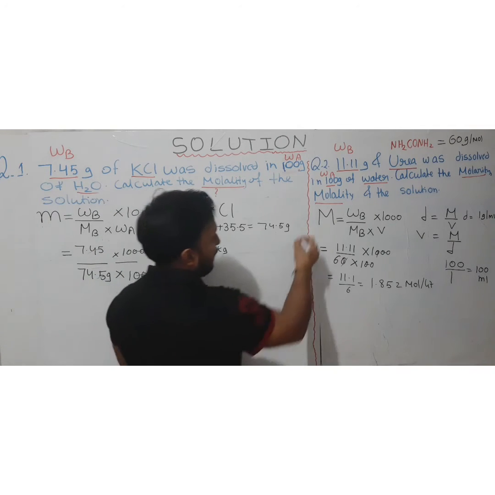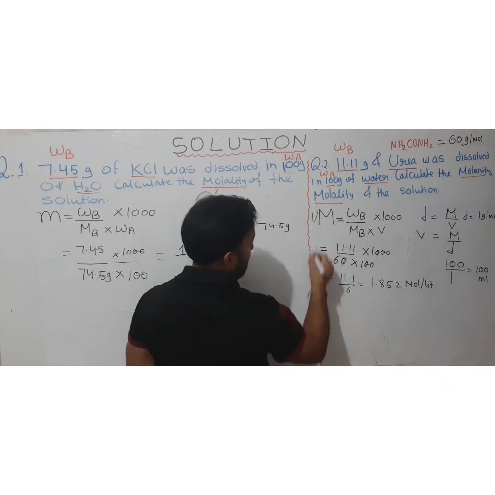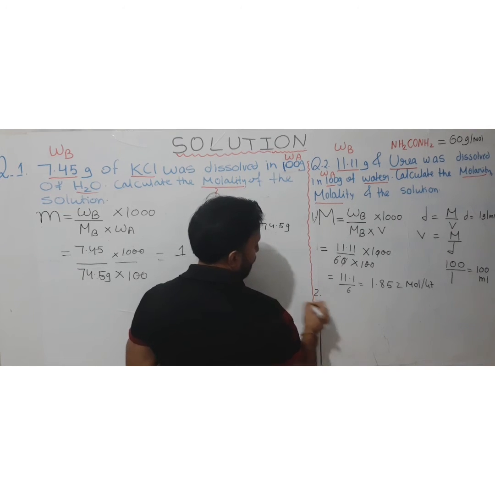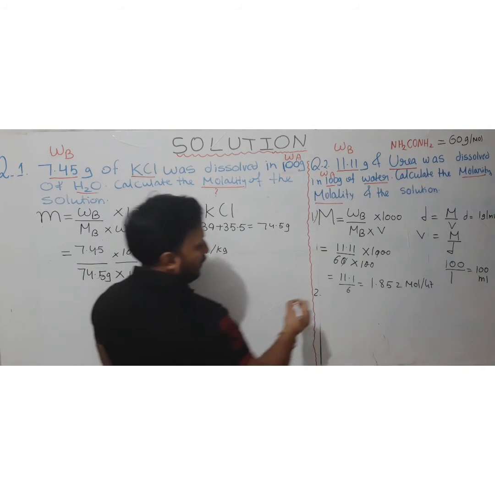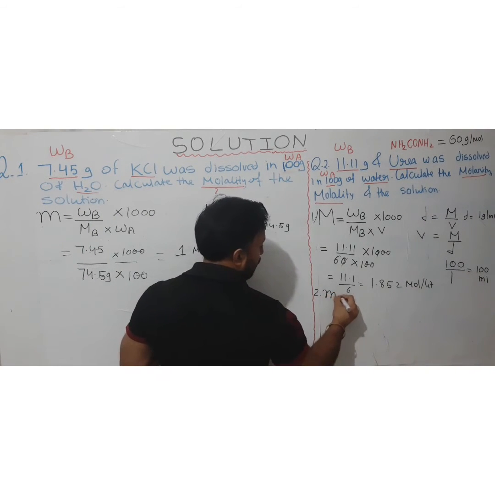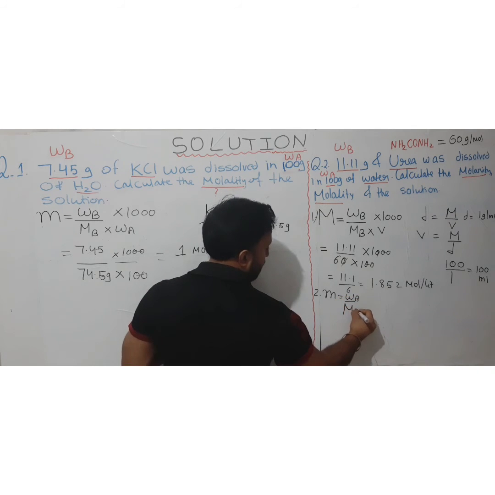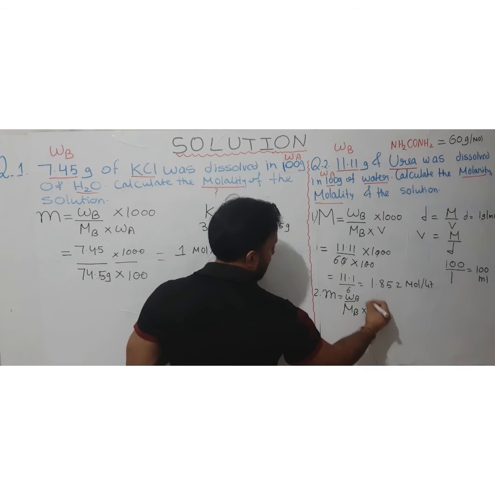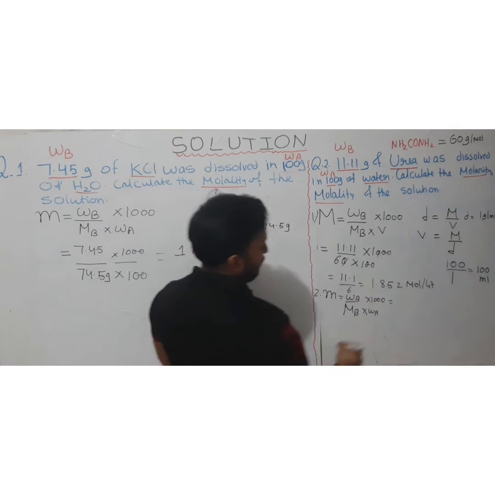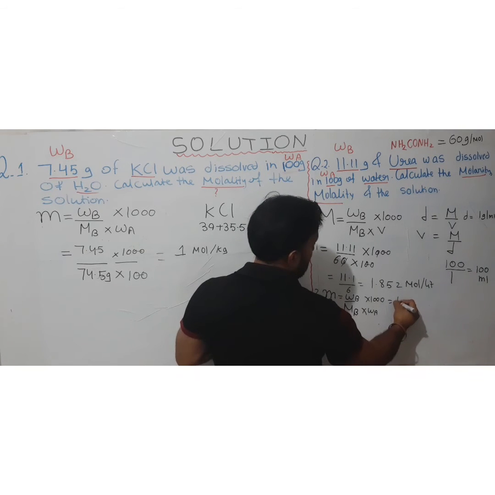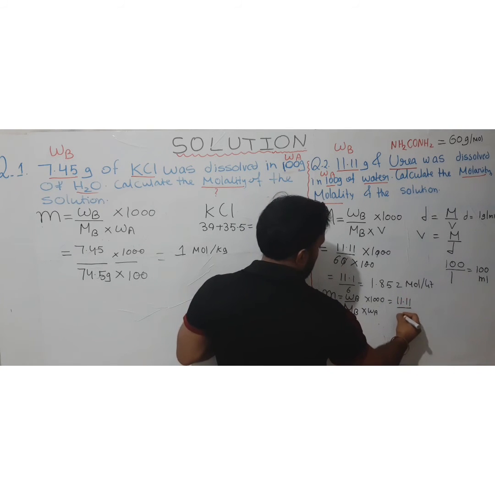This is our first part, molarity, and now we have to calculate the second part. Second part was molality. So molality, the formula was again WB divided by MB multiplied by WA into 1000, like we did in the first question. WB already is given, 11.11, divided by molar mass, which we have calculated, 60.